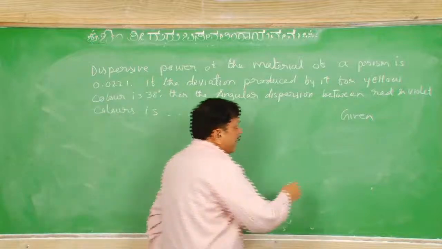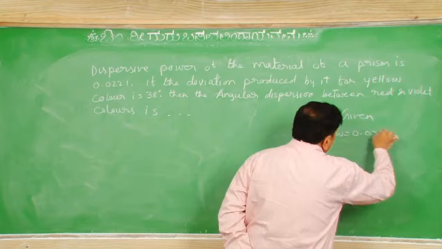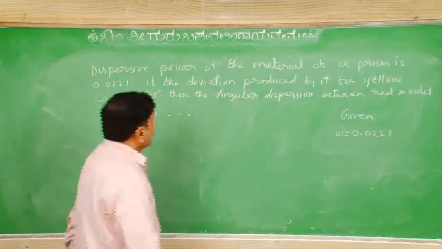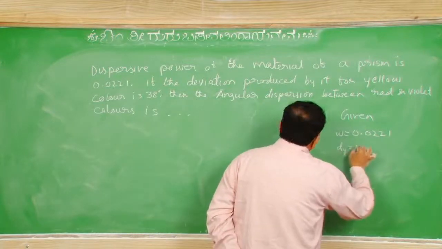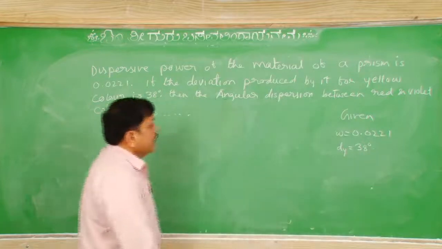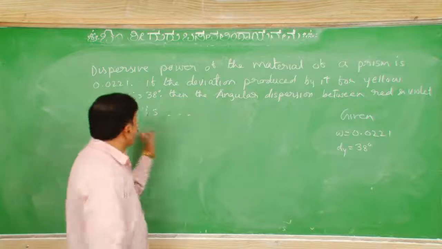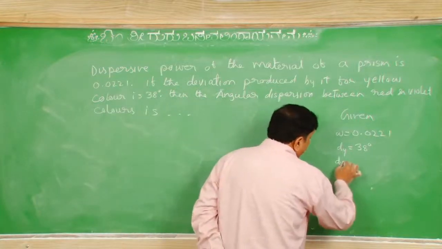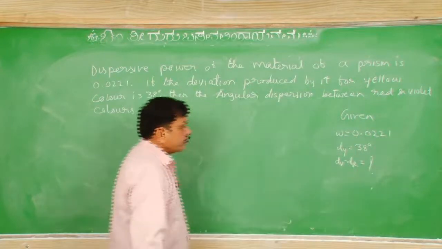Now, what is given? Dispersive power is mentioned, means omega is 0.0221. The deviation for yellow, D yellow, is equal to 38 degree. What is asked? The angular dispersion for violet and red, means D violet minus D red, equal to how much?